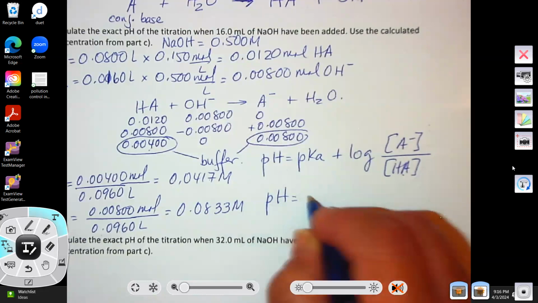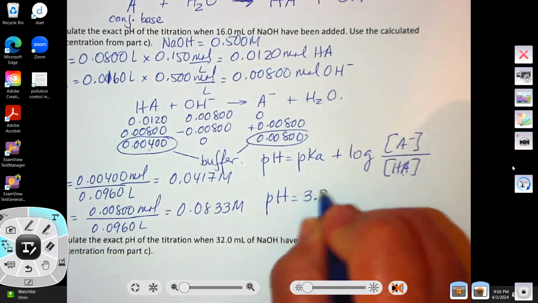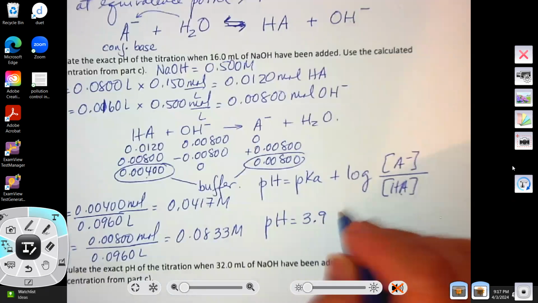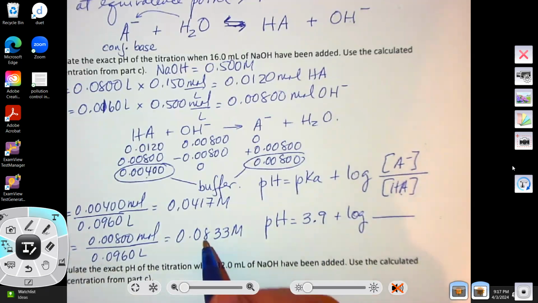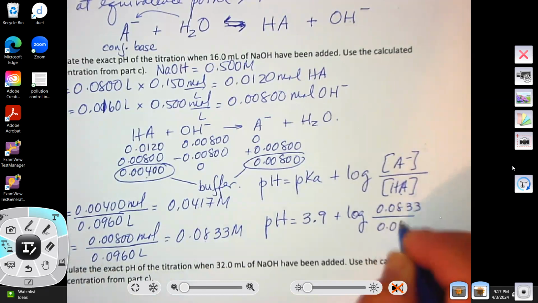So here your pH is going to be, remember the pKa, we estimated to be, what was the number for the pKa? 3.9, plus the log of, so it's going to be 0.0833 divided by that.